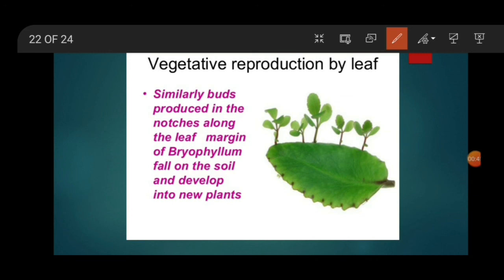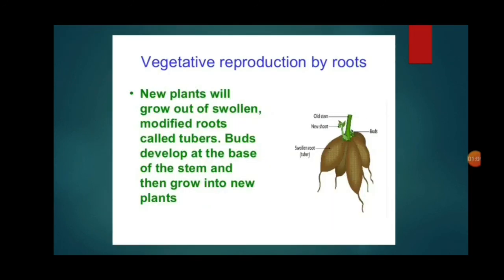Bryophyllum is the one in which the leaf margin is notched and notches bear adventitious buds. Whenever a leaf is detached and it falls on soil, one new plant can arise from each notch.